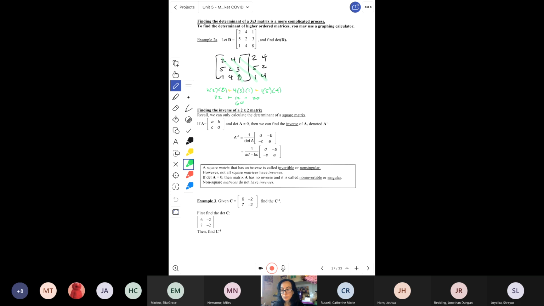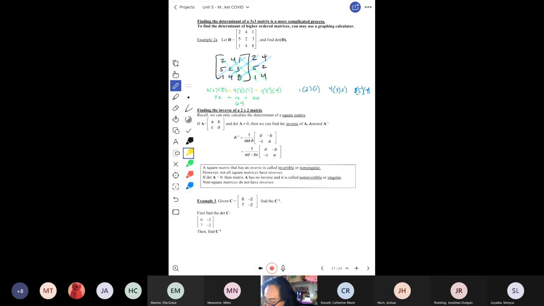But I'm not done yet. I'm going to take that value, and now I'm going to look at the cross diagonals. I have this, this, and this. So again, I'm going to take products 1, 4, 3, 2, 8, 5, 4.